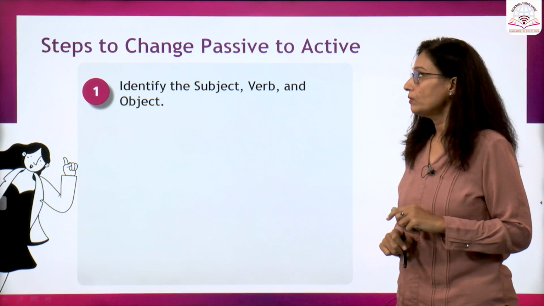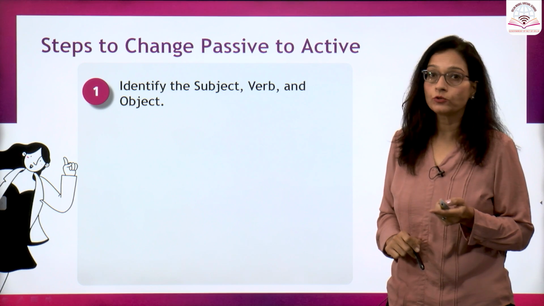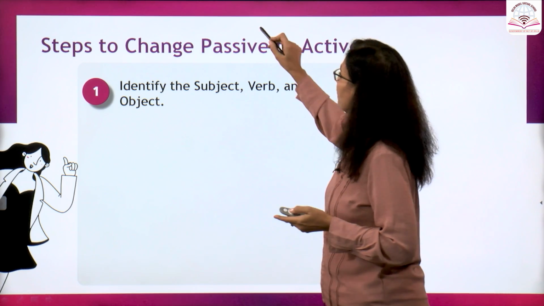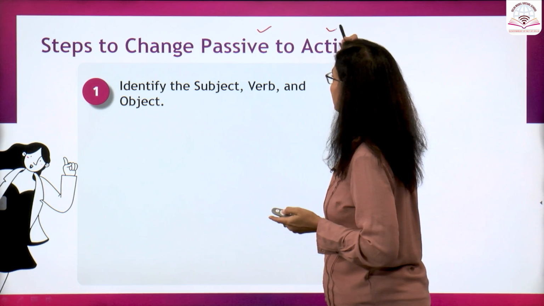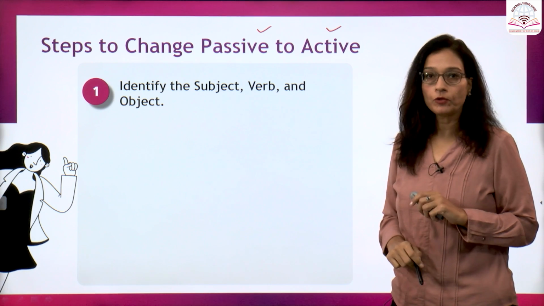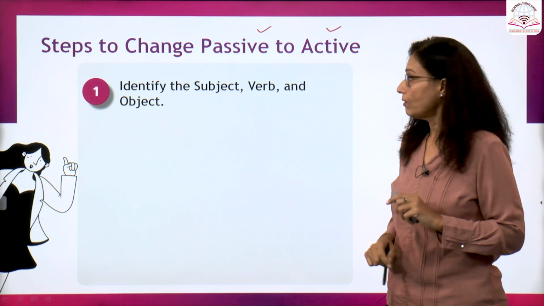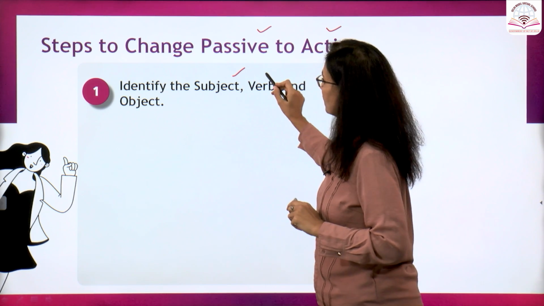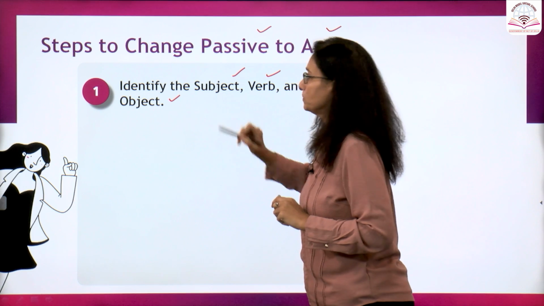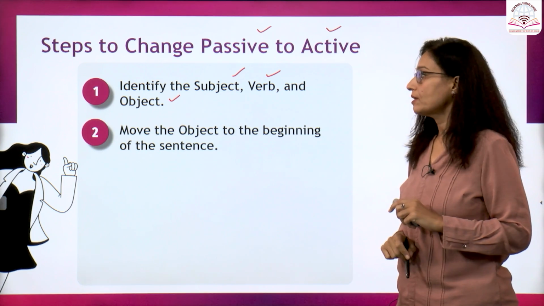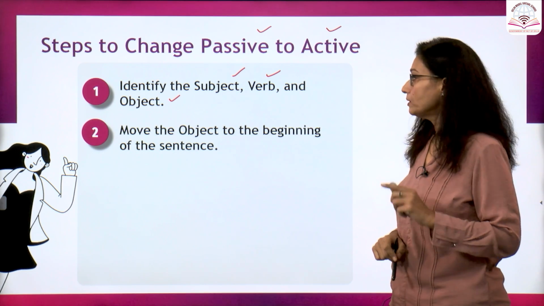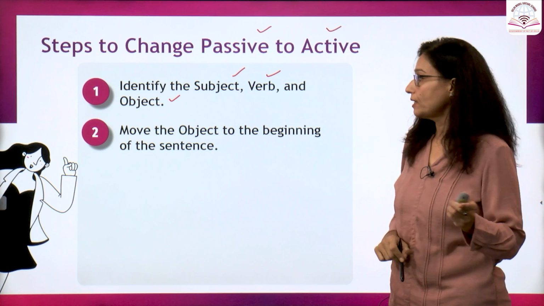Now let us take a look at the steps that we need to perform to change passive voice to active voice. So the first step would be identification of subject, verb and object. The second step would be moving the object to the beginning of the sentence.